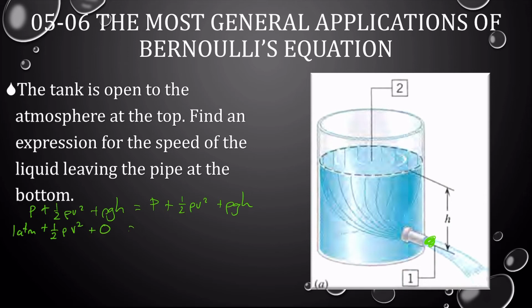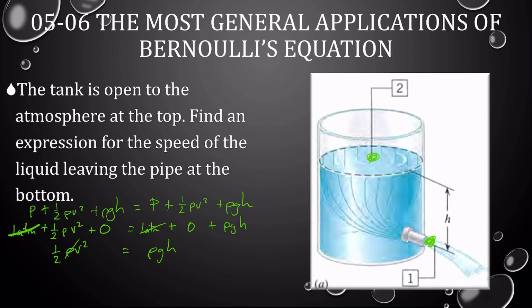So all that is 0. At the top, it's open to the air, so at the very top up here at point 2, the pressure is 1 atmosphere. And it's not really moving, so that part's 0. We have rho g h. If I subtract 1 atmosphere from both sides, they'll cancel out. And that's all I'm left with.